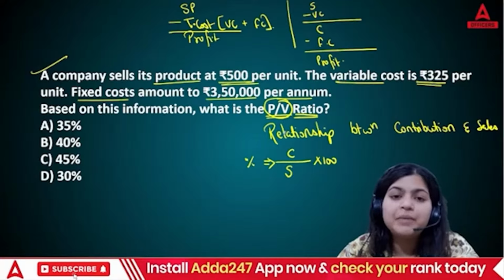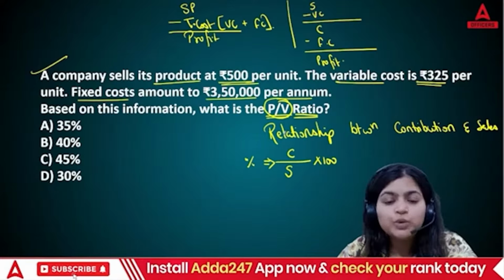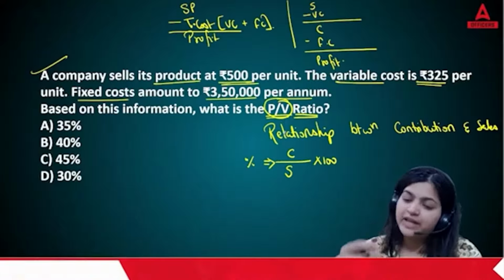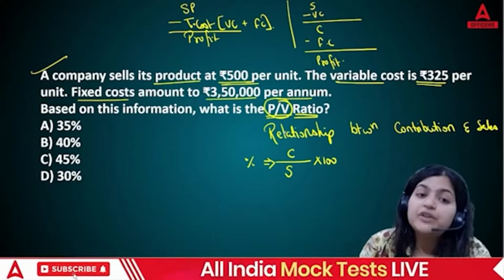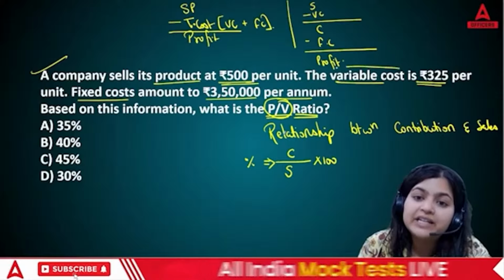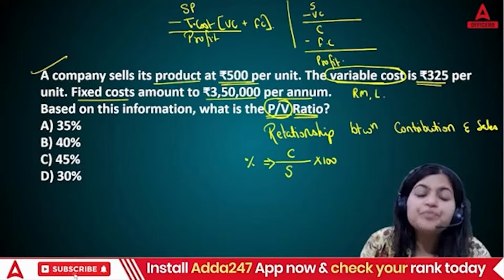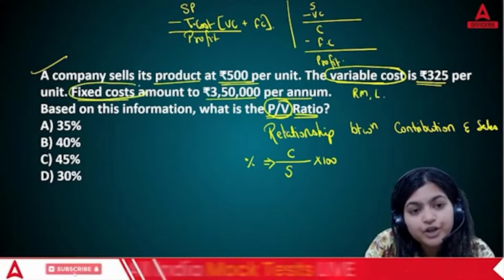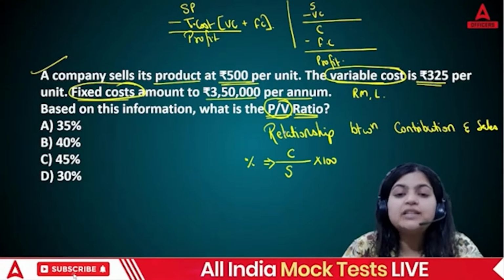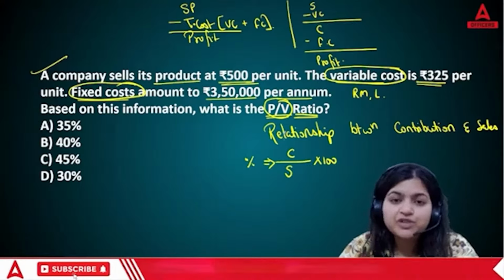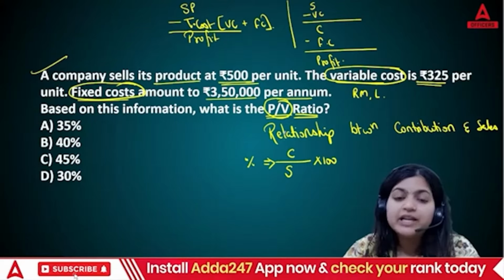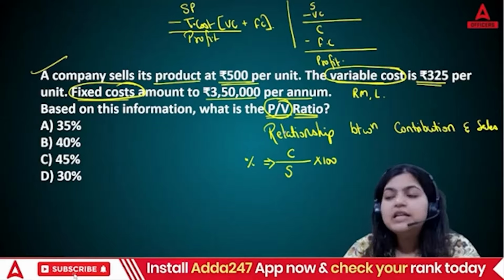Your income minus expense. Expense will include all your expenditure, whether variable or fixed. What are variable expenditures? Those which are direct in nature, like your raw material expenditure, labor expenditure. What are fixed expenses? These are constant type of expenditure. Whether you are doing manufacturing or not, you are going to incur it, like insurance.